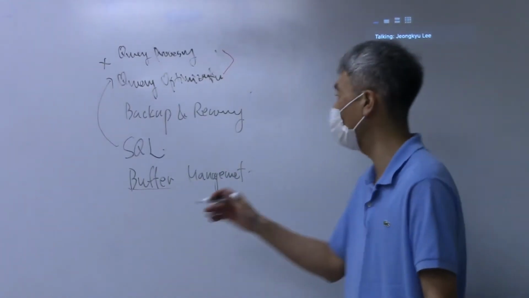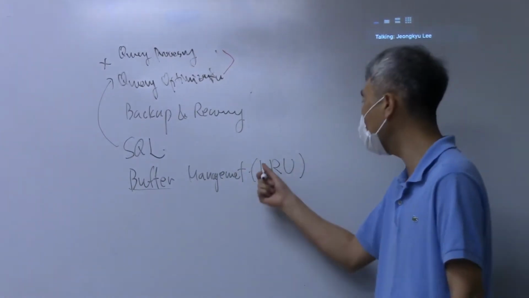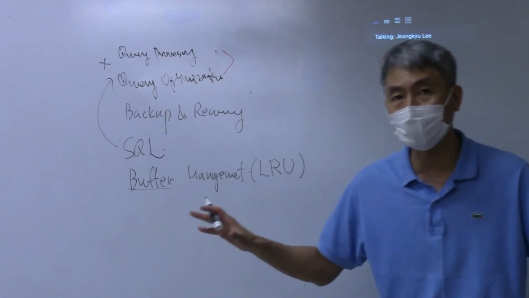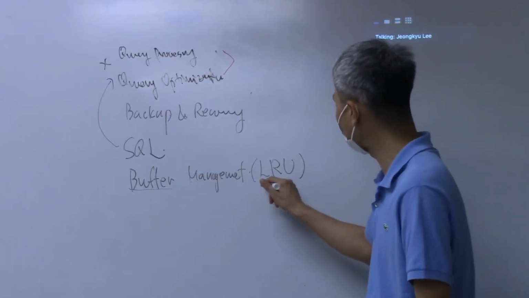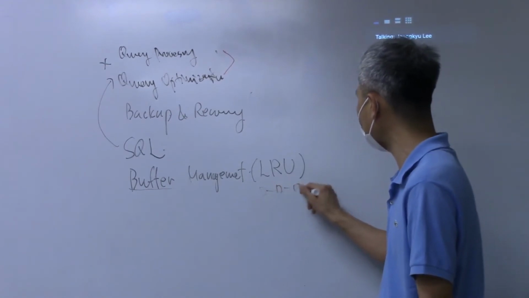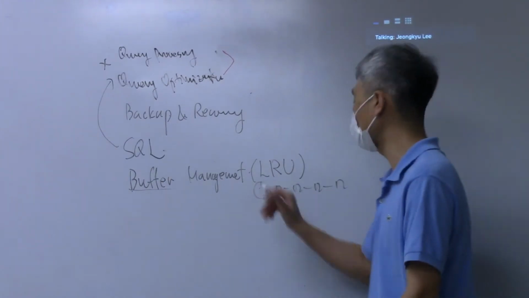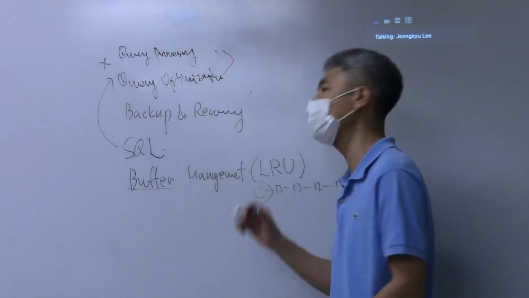How to manage the buffer? The most popular approach is the LRU algorithm, least recently used. This LRU is very popular for any cache management. We can have a kind of linked list where the recently used one is over here and the least used one is here, so this one will be selected again.